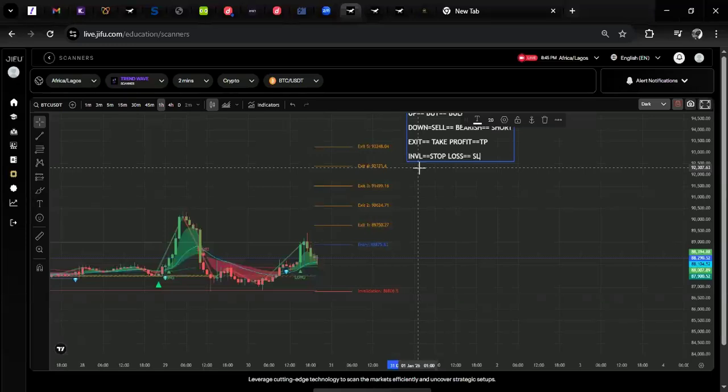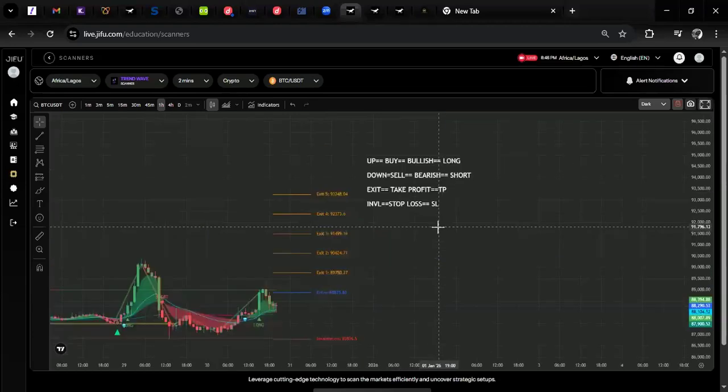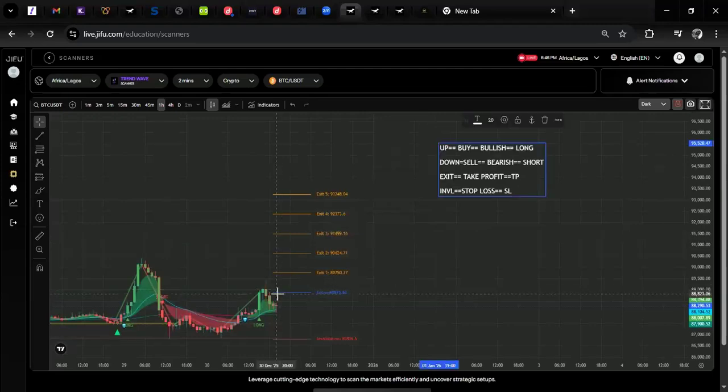Whenever we see SL, we already know that it means stop loss. What is stop loss? For the market to stop your loss. All right. Now, this is exactly how you get to know that this is a buy signal, a buy trade idea, or a buy setup.